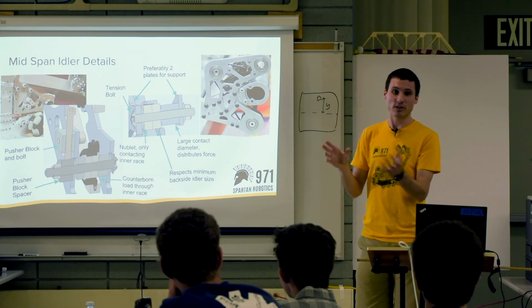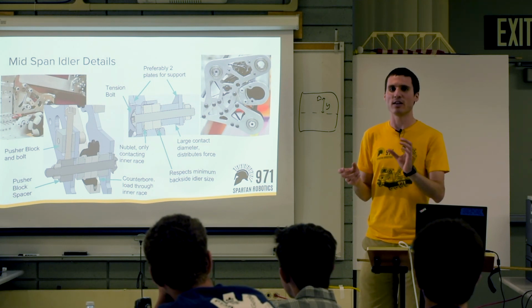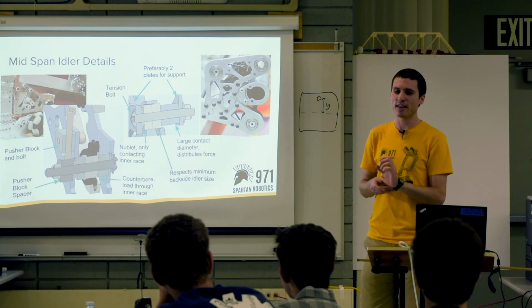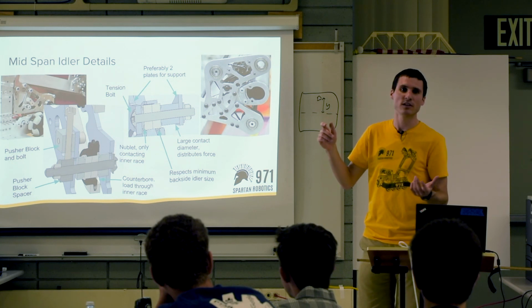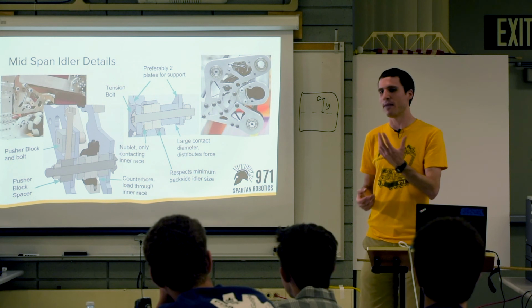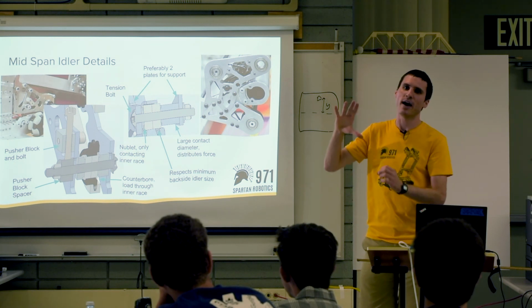So there are basically two halves to it, and you have balls between them so you get nice low friction. The thing on the inside and the thing on the outside are both called bearing races. We call them the outer race and the inner race based on the one that's on the inside and the one that's on the outside.